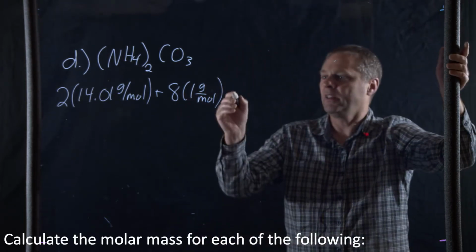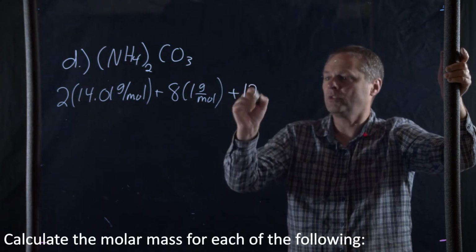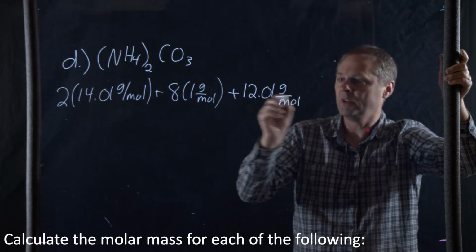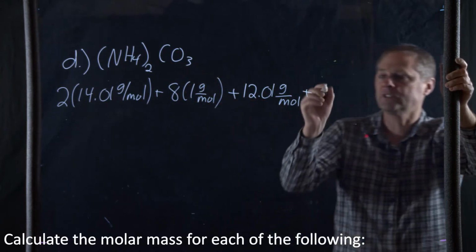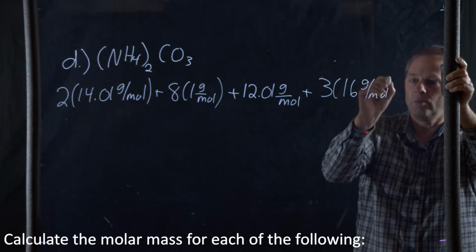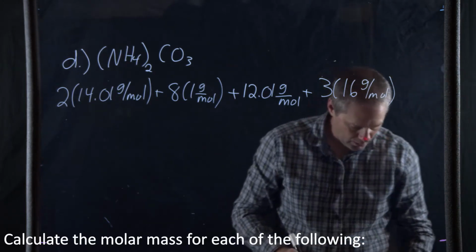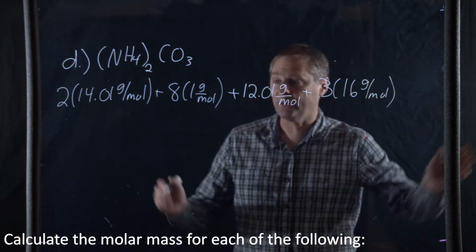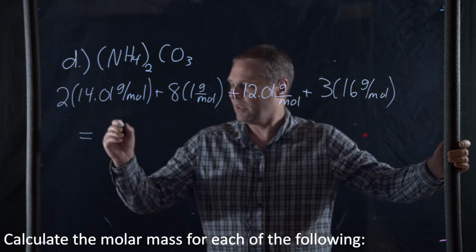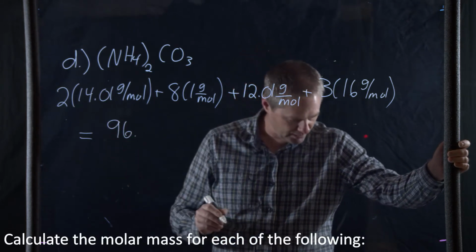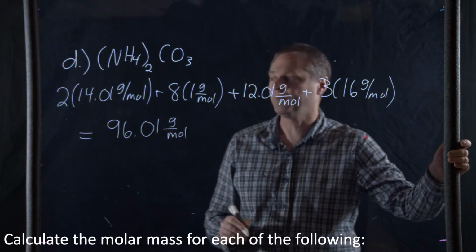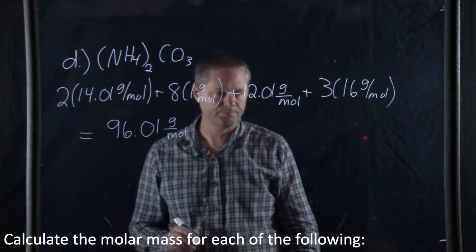Then we have 1 carbon, which is 12.01 grams per mole, plus now the 3 oxygens. So it becomes 3 times 16 grams per mole. We go through and calculate this mass, and this is going to give us 96.01 grams per mole as the molar mass of this.